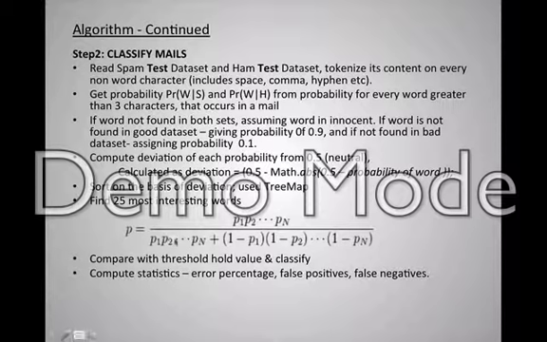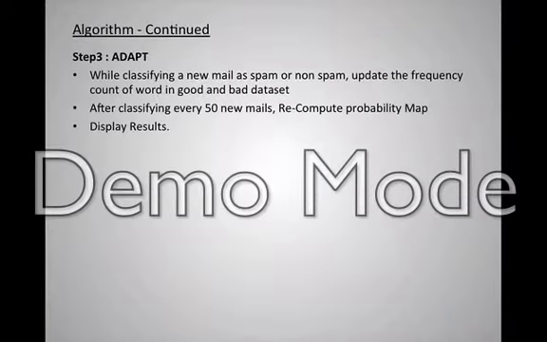So P1 here is the probability of the first most interesting word, and Pn is the probability of the 25th most interesting word, and P is the probability that a mail is a spam or ham. After computing the final P value, it is compared with the threshold and the program classifies it as a spam or a non-spam mail. It computes the statistics: error percentage, false positives, and false negatives.